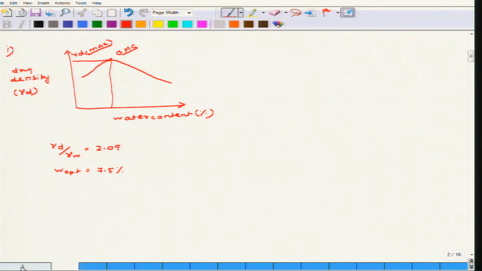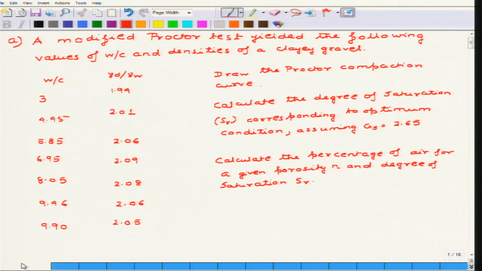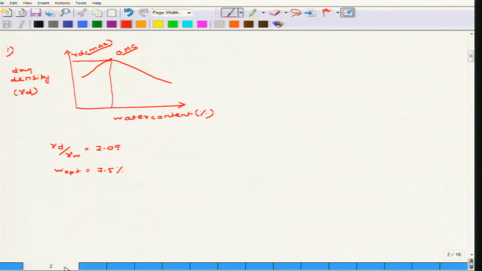So after the first question we now move to the degree of saturation corresponding to the optimum condition. Now assuming GS equal to 2.65, how do you do that? We all know that W Gs equals S e. Now we can write Gs in the form of gamma S by gamma W because Gs is the specific gravity of soil solids.